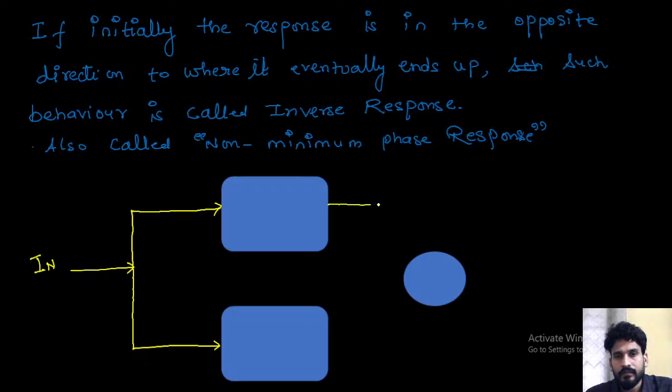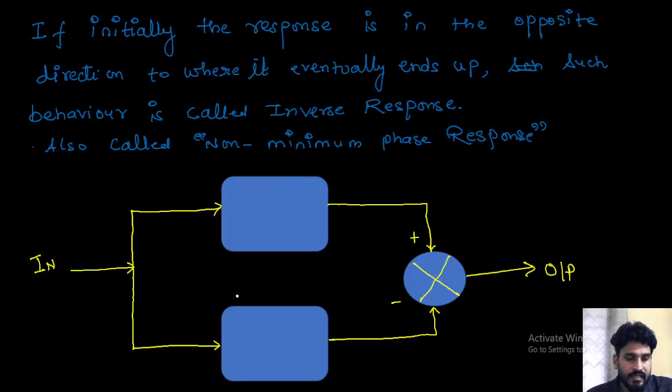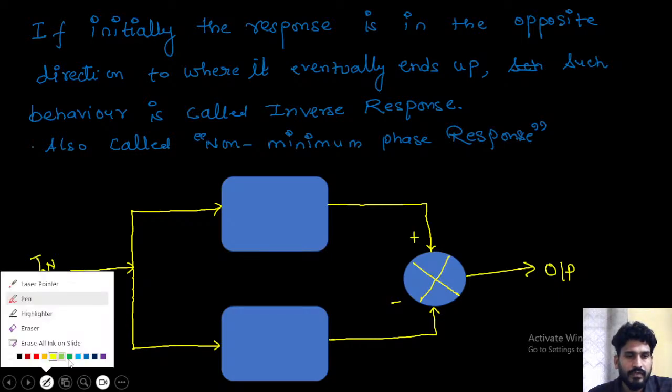These go into a comparator and generate a final output. It is clear. One process is your first order process; let heating be your first order process.